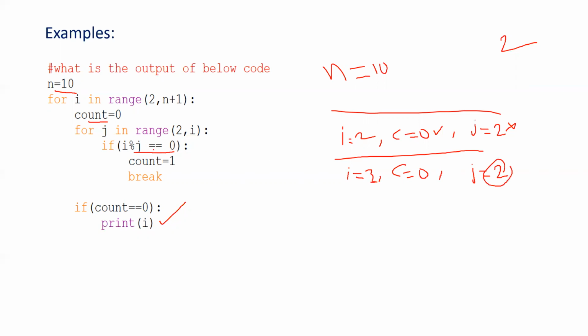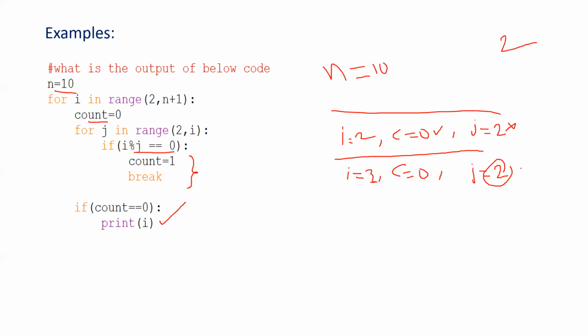In that case, i modulo j equal to 0. 3 mod 2, which means divide 3 by 2 and get the remainder. The remainder will be 1, right? 1 equal to 0? No. In that case, this block will not be executed.